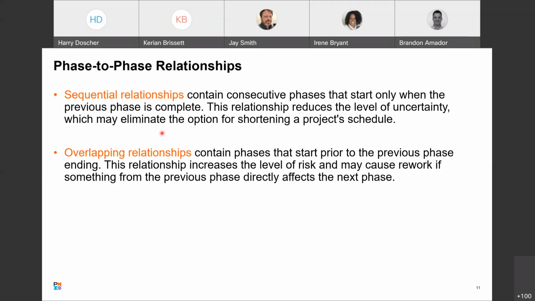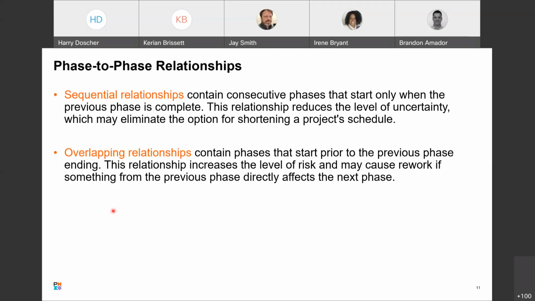Now, when you use Microsoft Project or do Gantt charts, this is analogous to that, where you have either an end to start relationship or an end to start minus some period of time relationship between the phases. And then overlapping relationships contain phases that start prior to the previous phase ending.